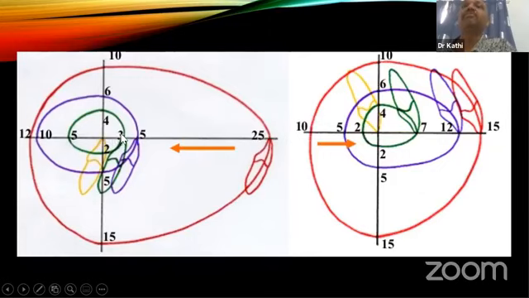But see here, the amount of movement that is possible with orthodontics only is just 3 millimeters. Because if you move more than that, the teeth will be severely retroclined, and there is a possibility of root dehiscence.